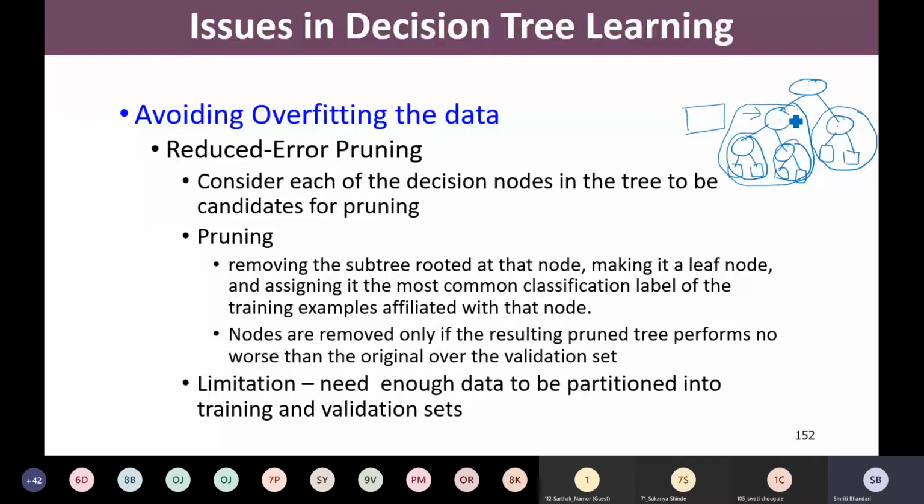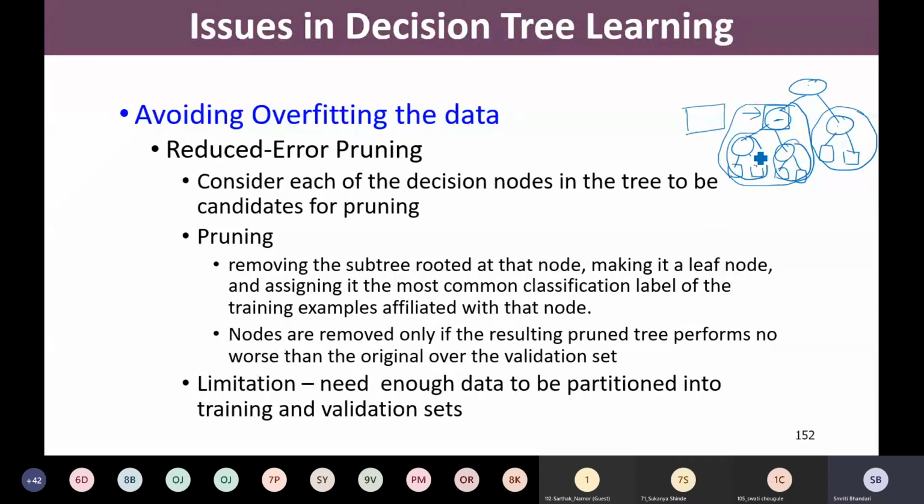So if I am removing this entire subtree, then whatever data set is available at this node, whichever is the most common classification label of the training examples, I will pick that label and replace this entire subtree with a leaf node having that common label. This is one way of pruning.